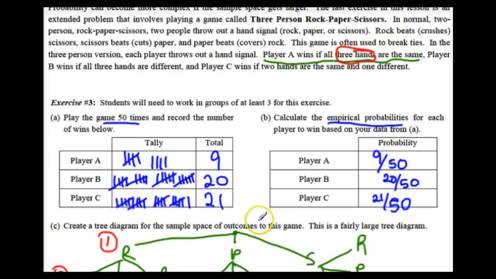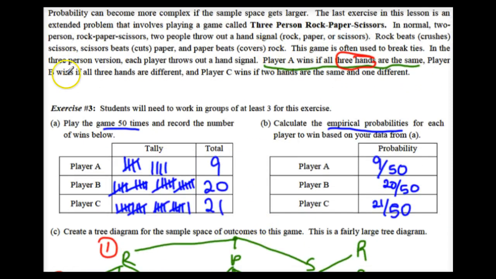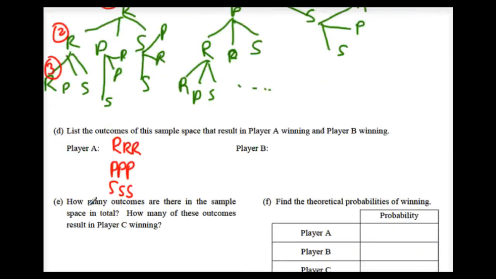Now for player B, it says player B wins if all 3 hands are different. So what does that mean? It can be any order. The first can be rock, scissors, paper.